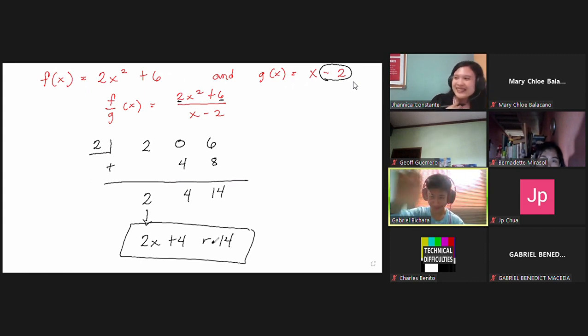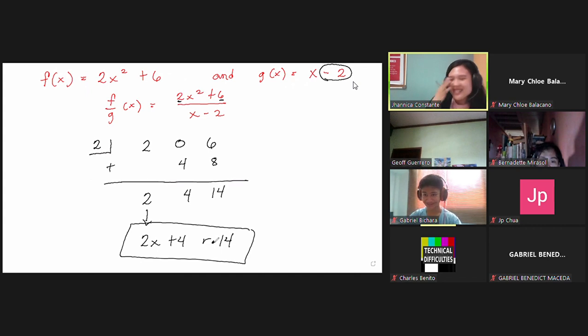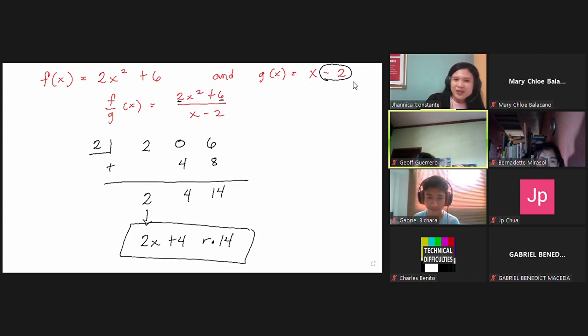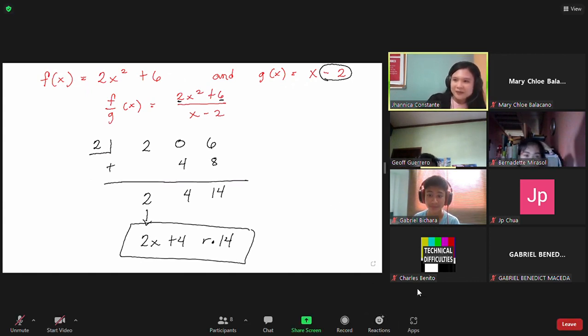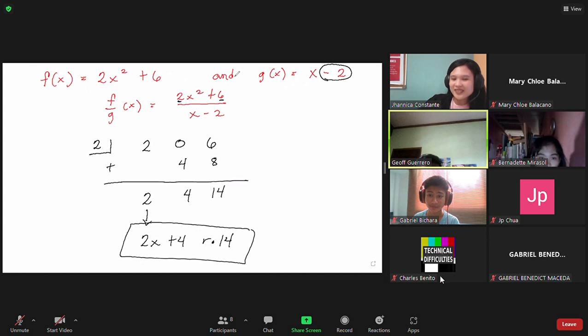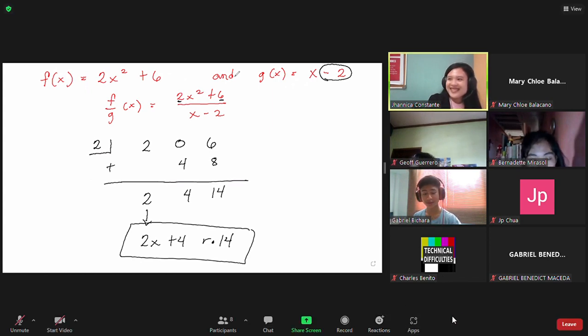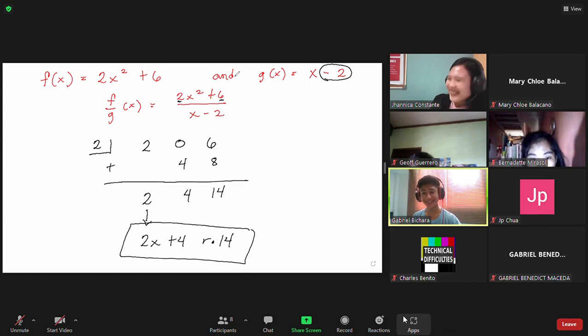Mastered. It's mastered. What if we have this kind of equation or function? Can I clear the screen for this example? Teacher, yes po. What if there were radicals and square roots and stuff? You're giving her ideas.